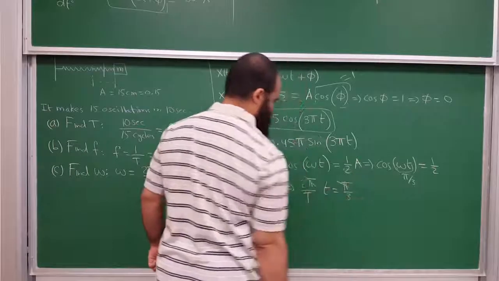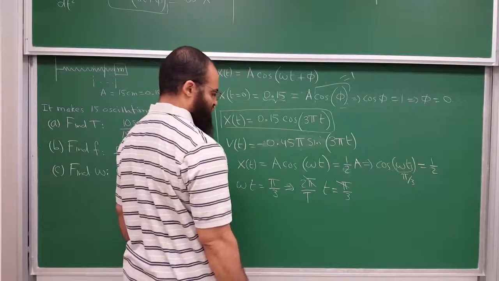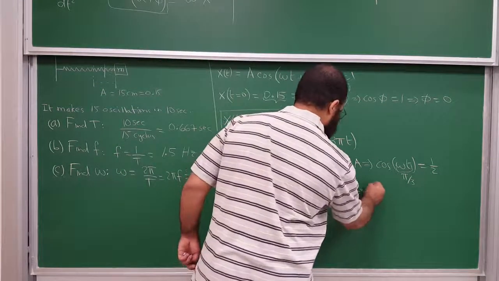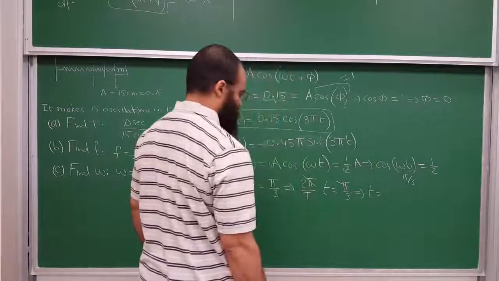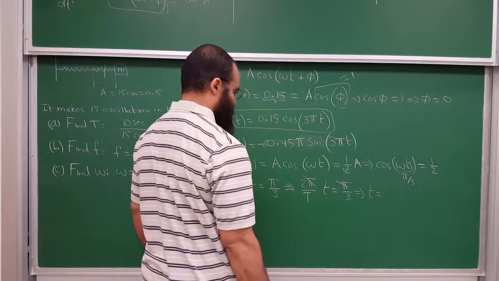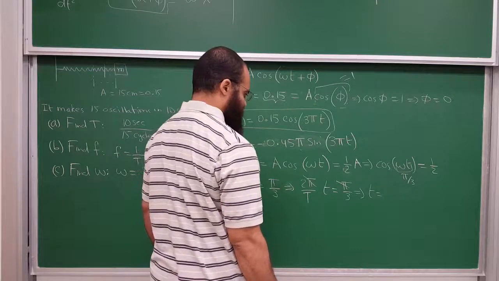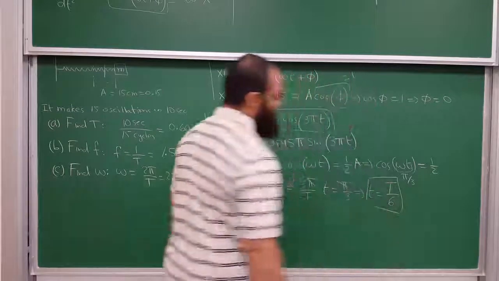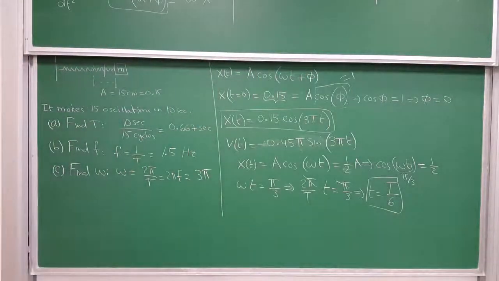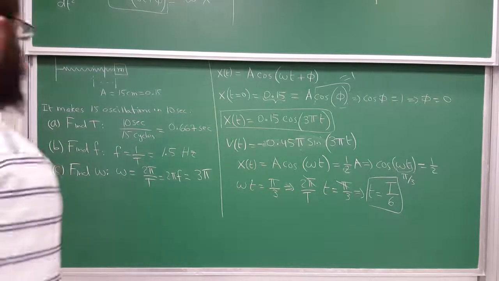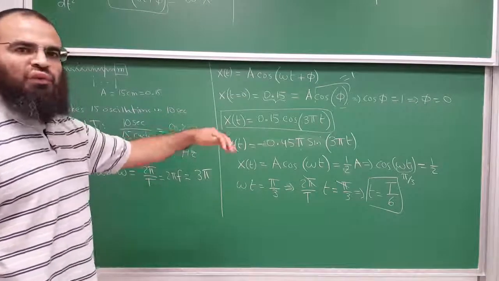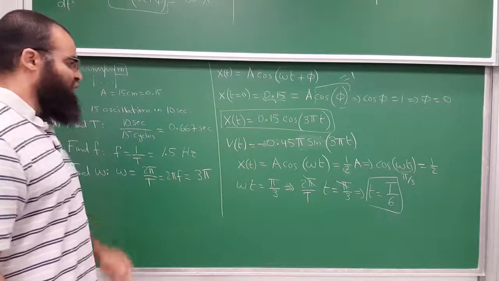Cancel pi on both sides, and you get t would equal the period over 6, capital T divided by 6. So it's 1/6 of a period to get from the maximum to half. Since the period here is 0.6666, 1/6 of that would be 0.1111. That's how long it will take.